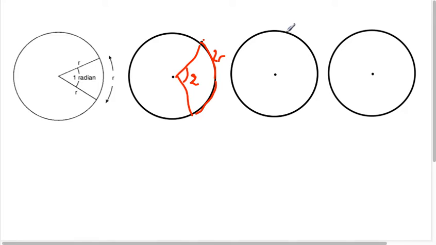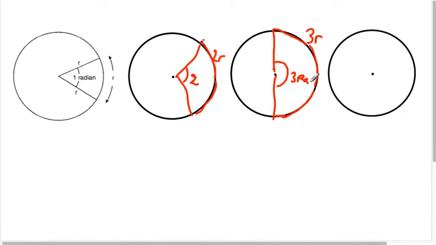If let's say I extend the arc even greater, so let's say 3 times r. Similarly, of course, you can see that now my angle will actually be 3 radian.